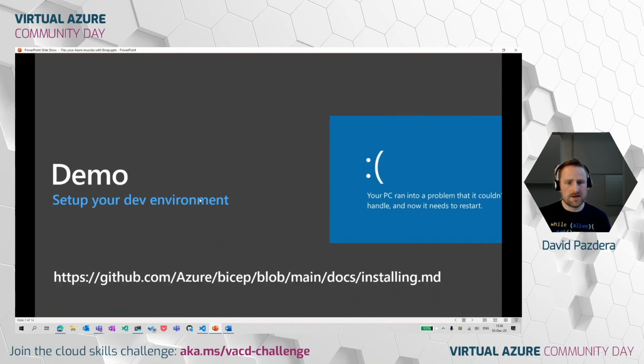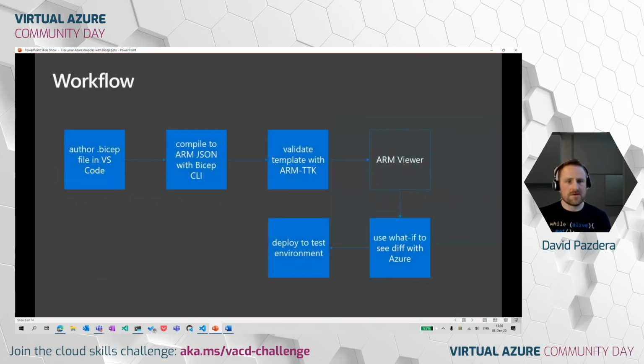Yeah, we went through this one. We set up our environment. So this is an example of a workflow I adopted while working with Bicep. I first author my Bicep code in VS Code, then I compile it, then I validate the template using ARM test toolkit. Eventually, if I want to, I can use this really cool extension called ARM Viewer.